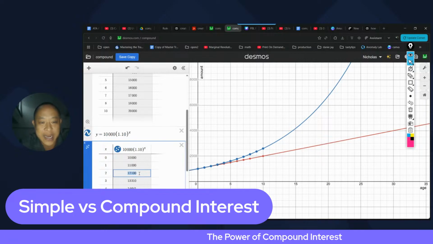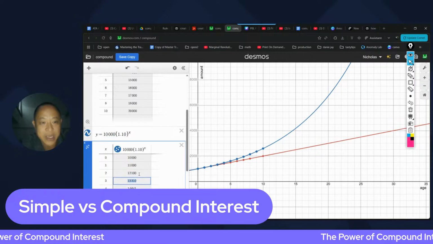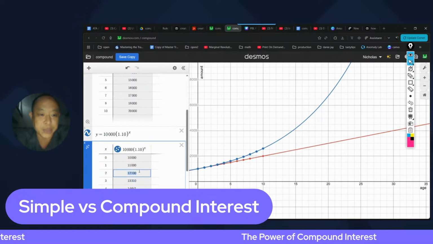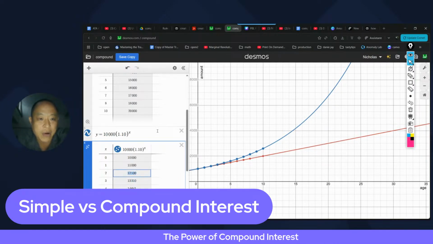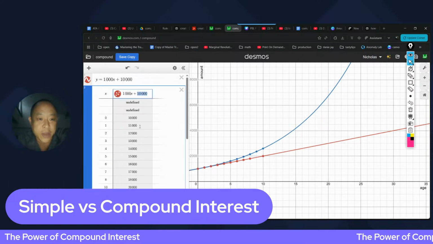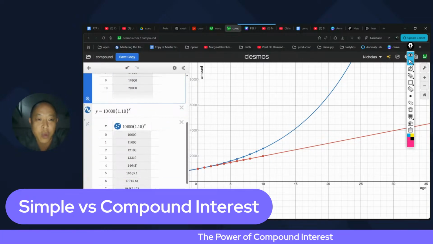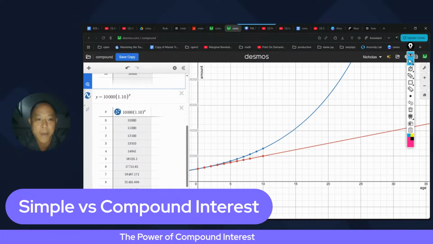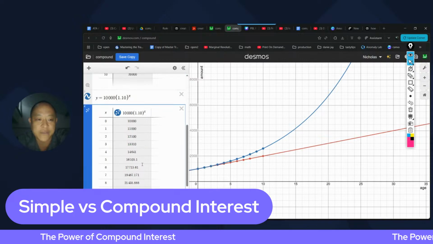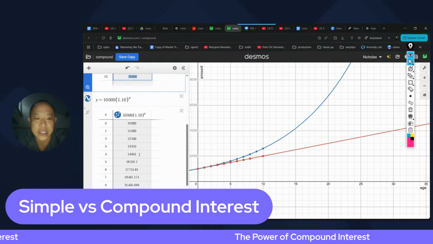Now you're multiplying this 12,100 times 10%, which gives you that amount, because you're now earning 10% off of your new amount versus just making 10% off of your original amount, which always gives you the same amount every time, right? This is growing. This is the power of compound return, because here now you have 25,000 versus 20,000 because your interest is earning interest on your new amount.